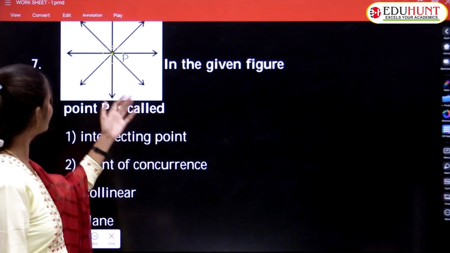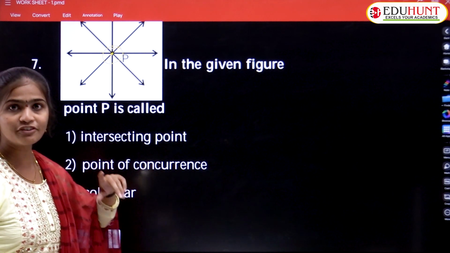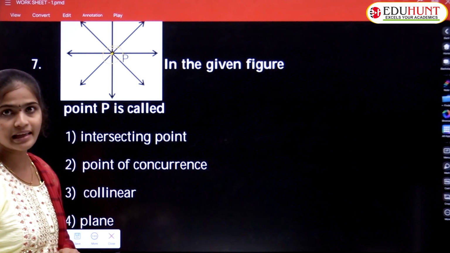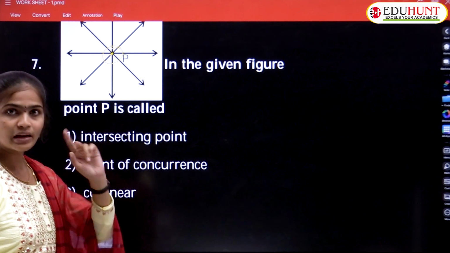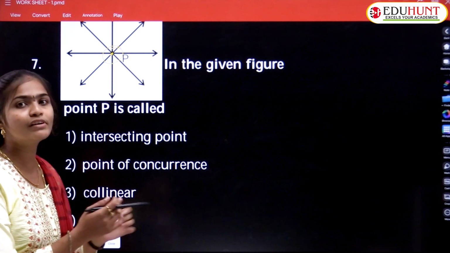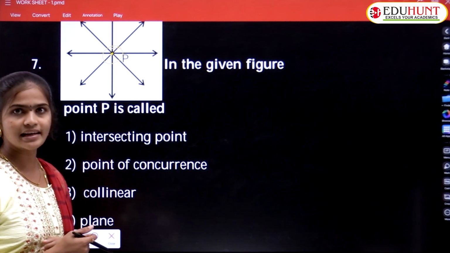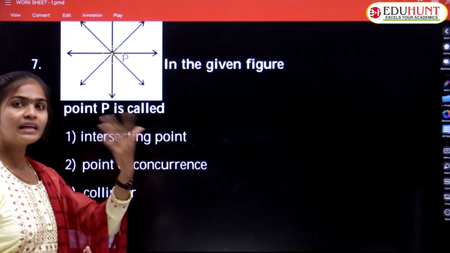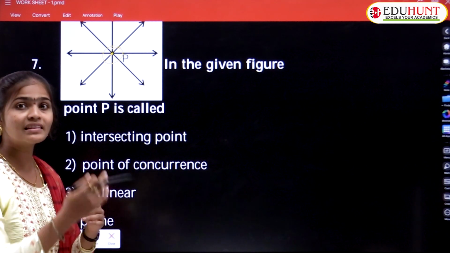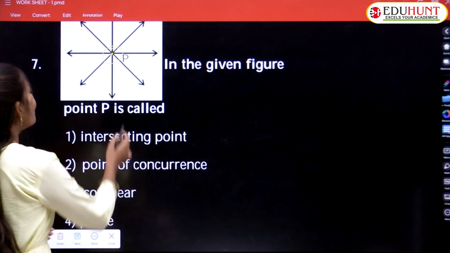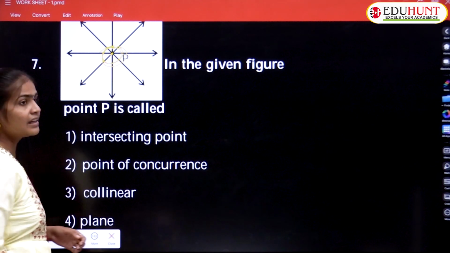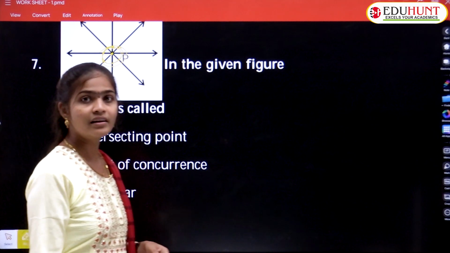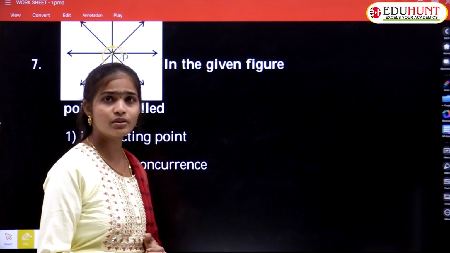So before going to that, here we have to observe in that figure how many lines we have. Okay, if two lines are passing through the same point, then we will call those intersecting lines, and that point is the intersecting point. More than two lines, meaning three or more lines passing through the same point, then we will call those lines concurrent lines. What are those?